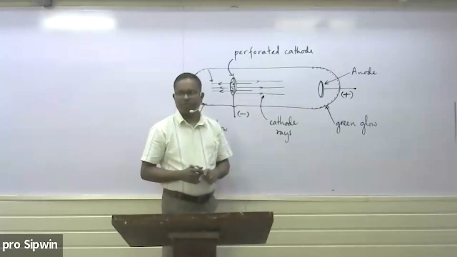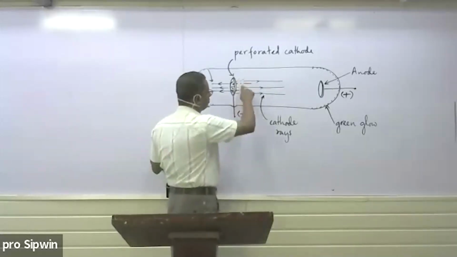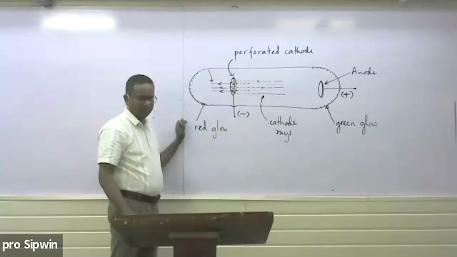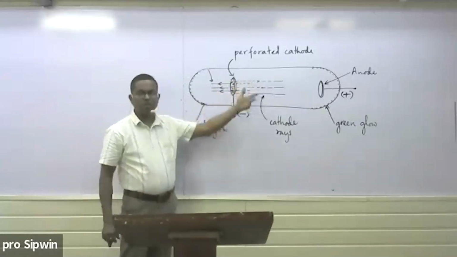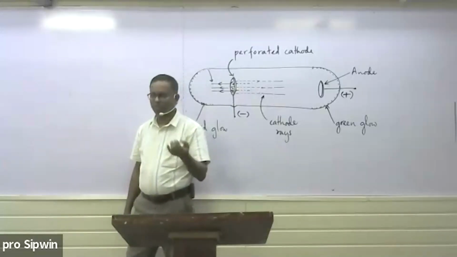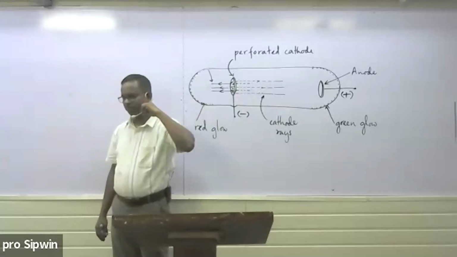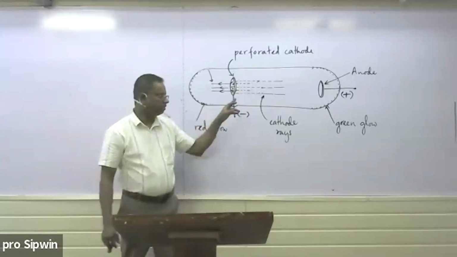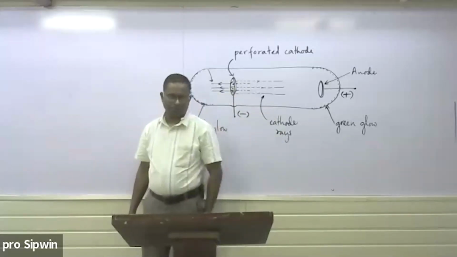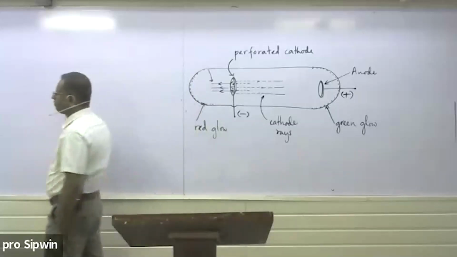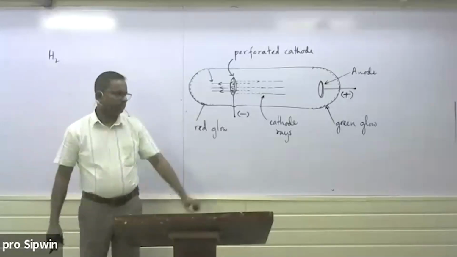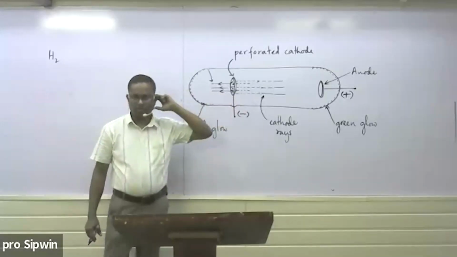Cathode rays mean electrons, negative particles. Electrons pass into this side. Inside this there is a residual gas, maybe hydrogen, maybe helium, maybe neon. When the cathode rays, the electrons, pass this side, they hit the gas particles. For example, the residual gas is hydrogen.